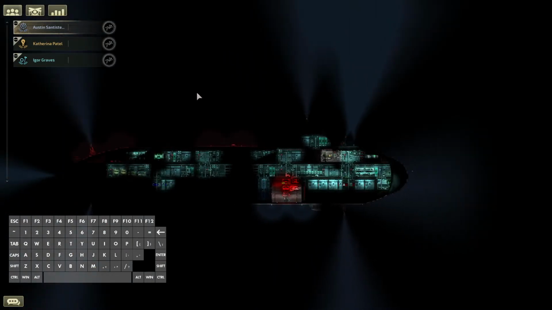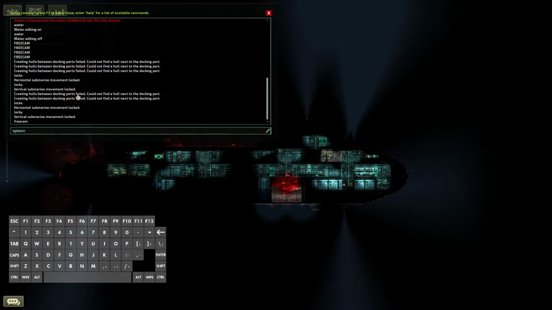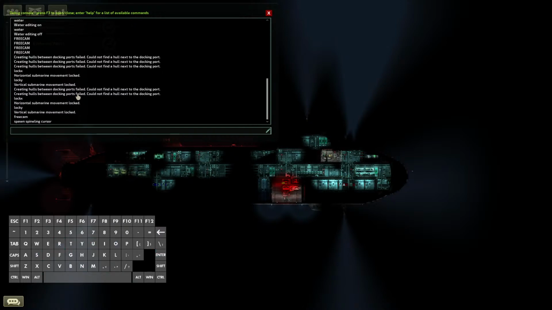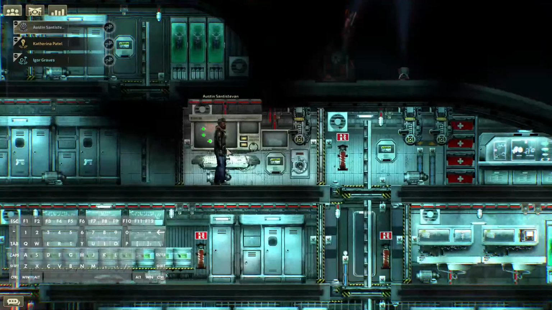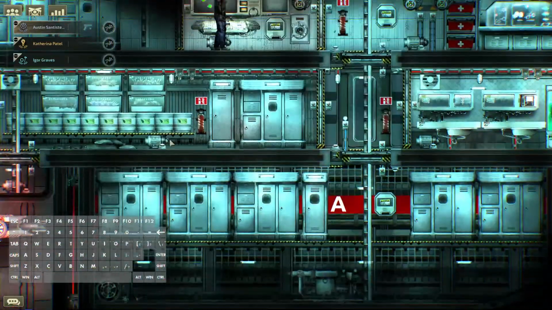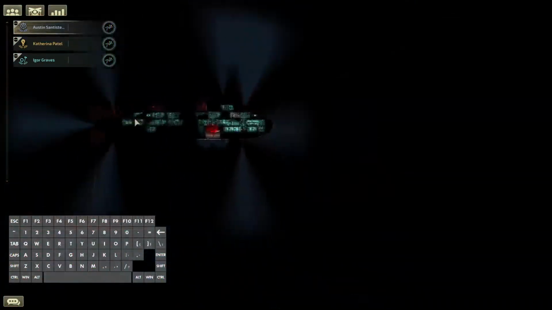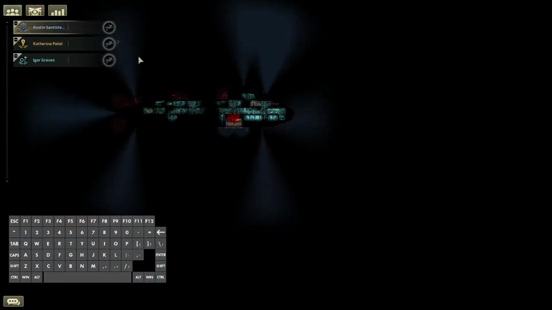And let's put a spineling around here somewhere. Spawn spineling, cursor. And of course he goes right to the front of the sub. No, we should be setting that off.